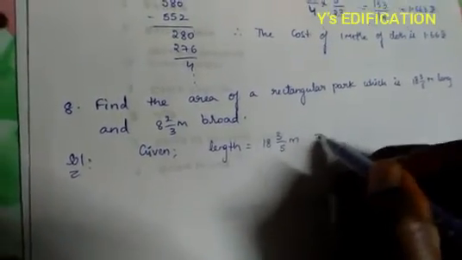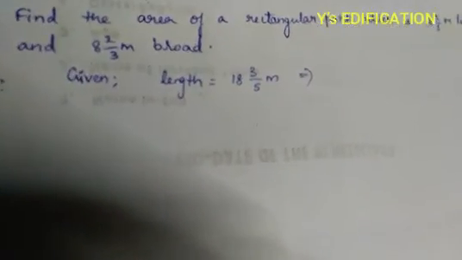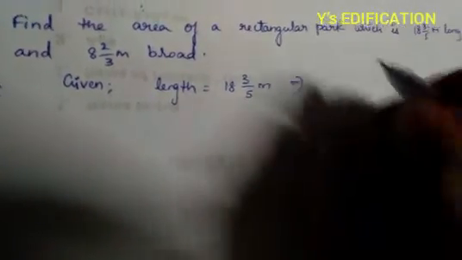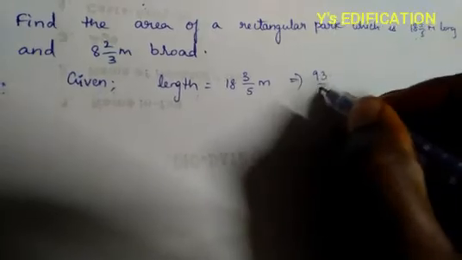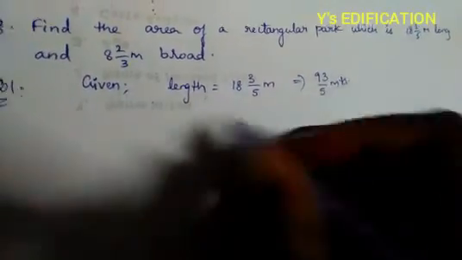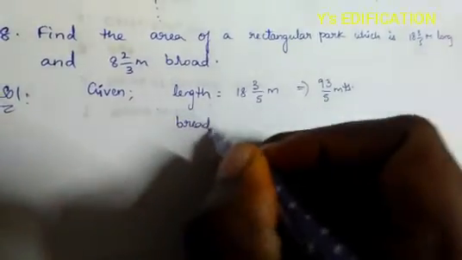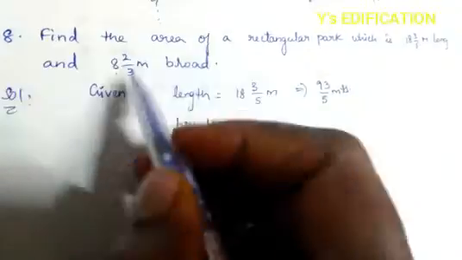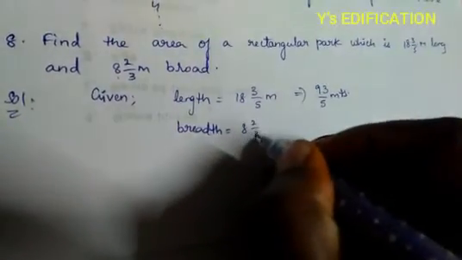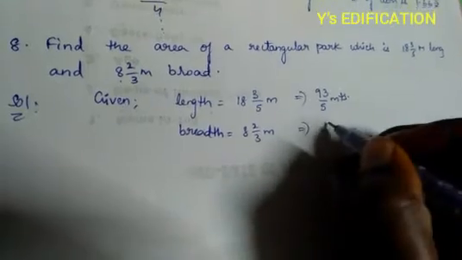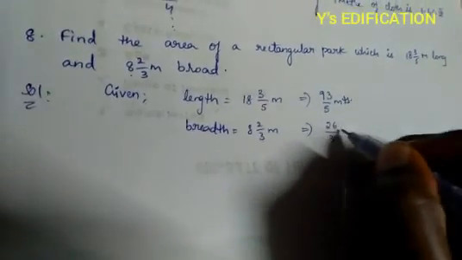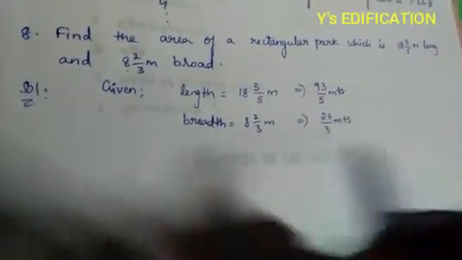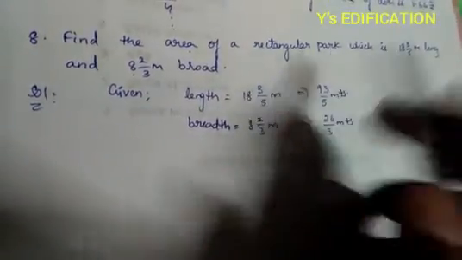Convert this into a rational number: 93/5 meters. Okay, next. Breadth, 8 2/3 meters, which is 26/3 meters. What we have to find? Area of a rectangular park.